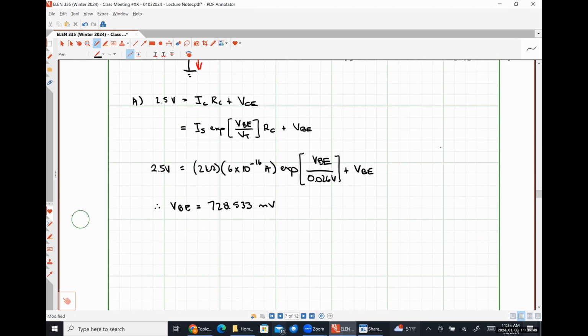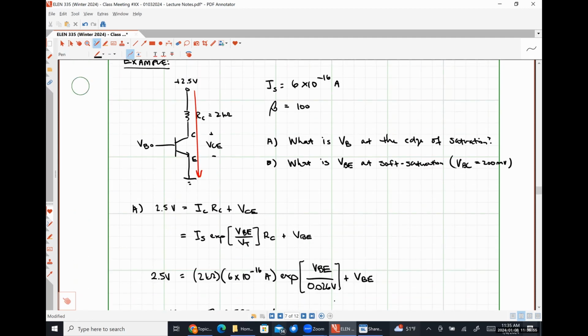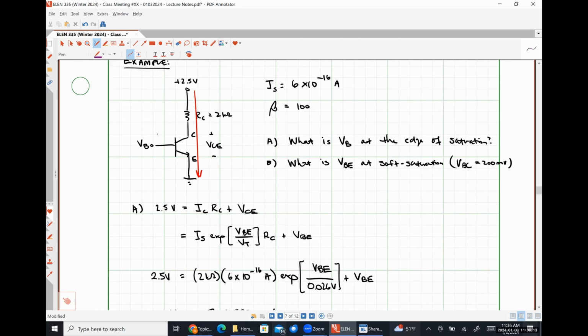So for part B, we're effectively going to do the exact same thing, but we now have a constraint that our base collector voltage, VBC, is equal to 200 millivolts. So that voltage, I'm going to represent it here in purple, would be like so.